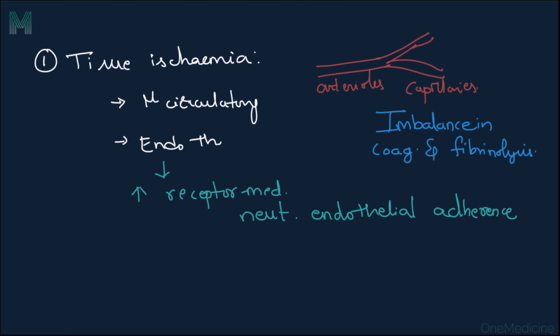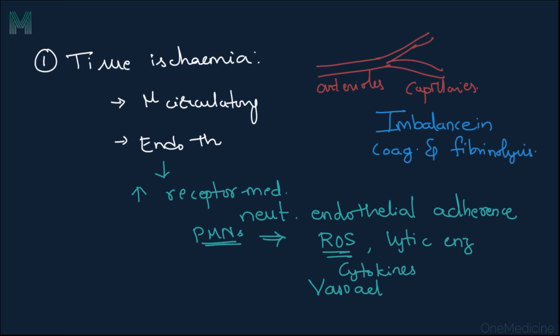The more polymorphonuclear leukocytes aggregate near the endothelium, the higher the amount of reactive oxygen species or ROS, lytic enzymes, cytokine mediators, and vasoactive substances, and these all result in endothelial injury. Some important examples of vasoactive substances include nitric oxide, platelet derived growth factor, platelet activating factor, endothelin.